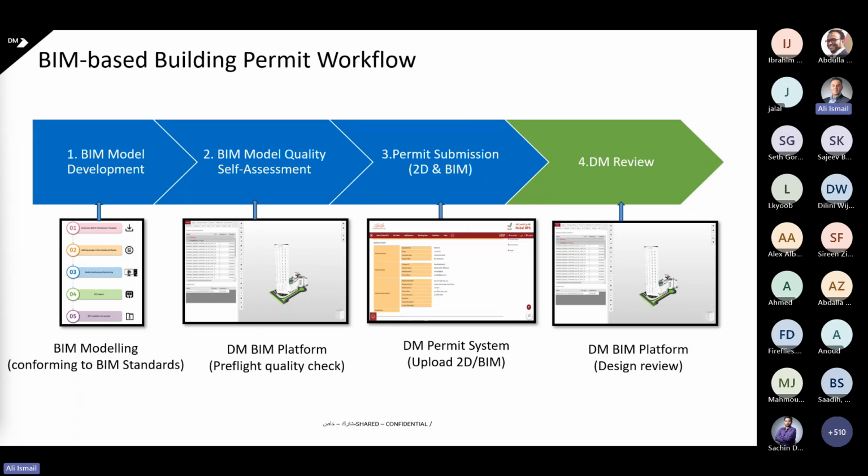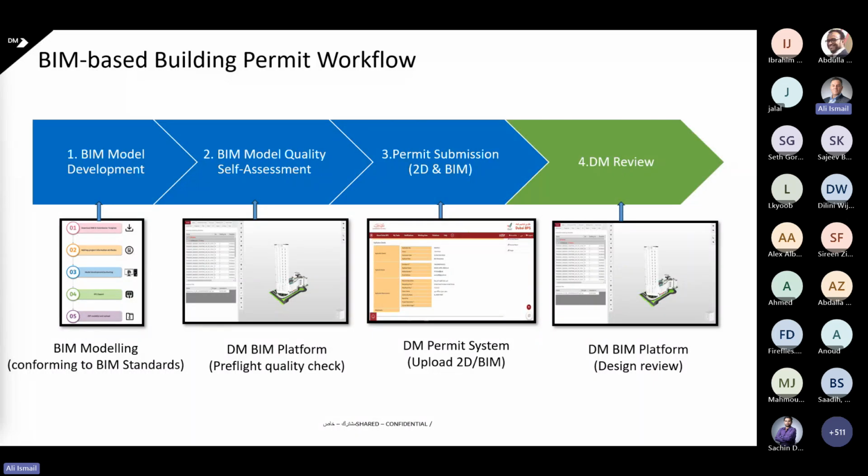It starts by downloading the standard and a BIM template for Revit, ArchiCAD or Bentley, then doing the design, including the information, until you reach the point where you export the model in IFC format. Then the next step is to self-check the model quality.